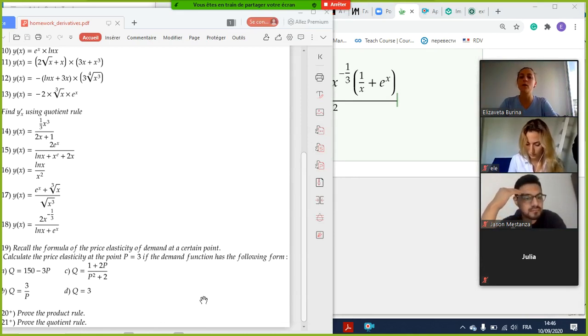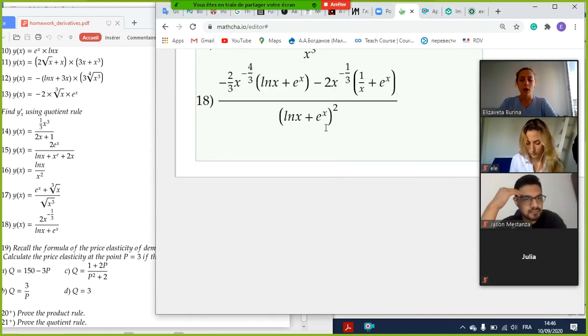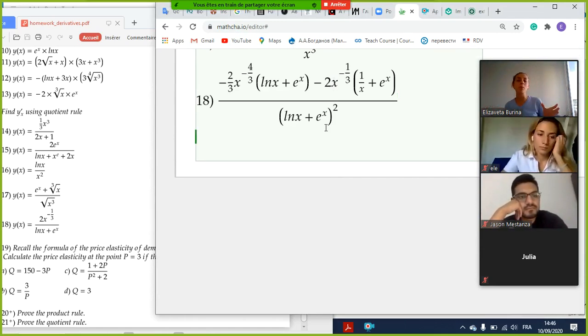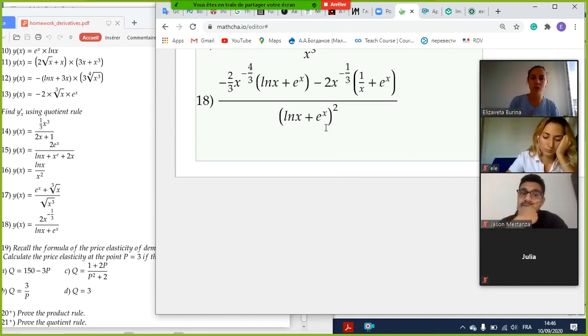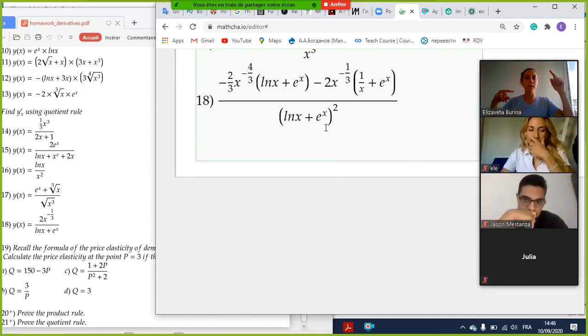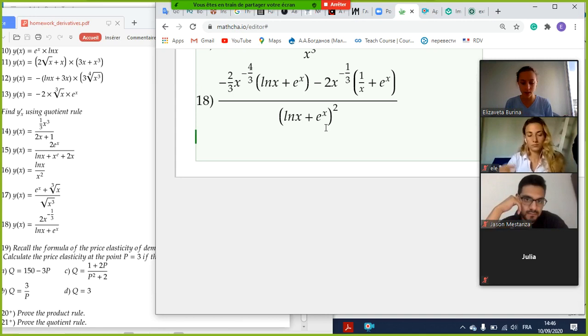So recall the formula of the price elasticity of demand at a certain point. You could probably see two definitions for the derivative: first on an interval, and the second at a point. The interval one we don't use so often, because we use it only when the percentage change for the price is more than 10%.